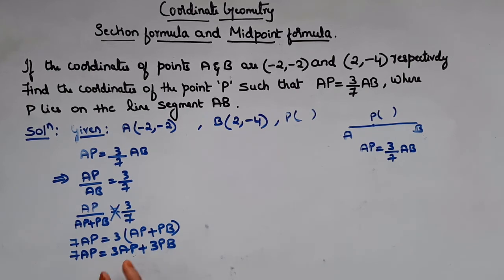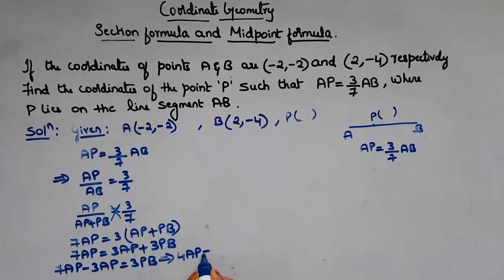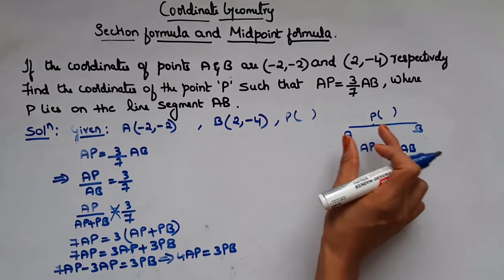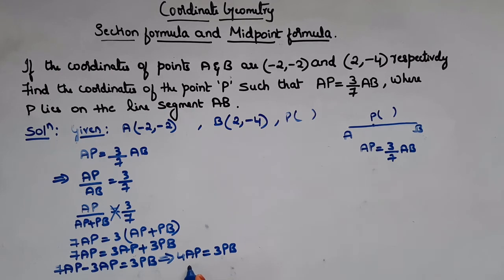Now let's bring the AP terms together. We have 7AP minus 3AP is equal to 3PB. So 7AP minus 3AP gives 4AP, which is equal to 3PB. Now we want AP by PB, which implies AP/PB is equal to 3/4.